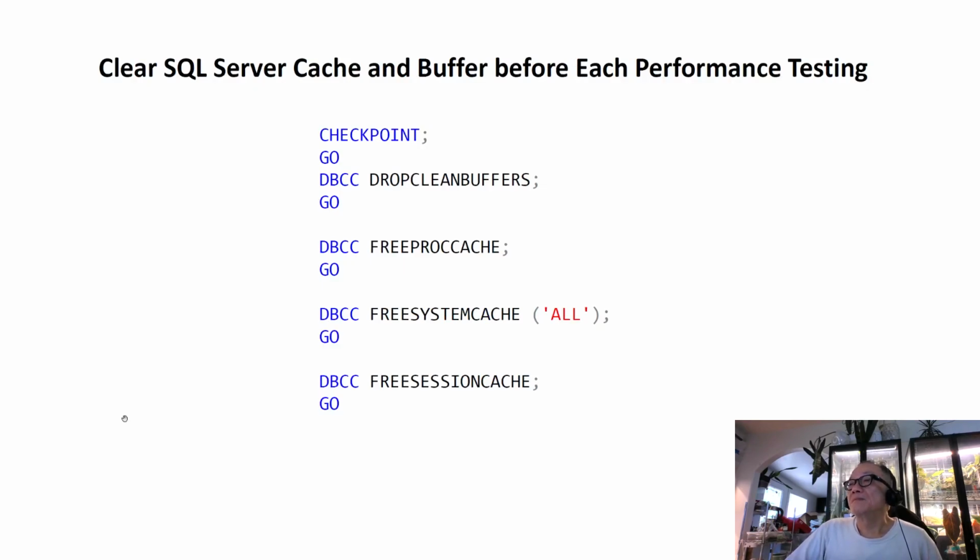To do performance tuning for a slow-running query, we need to use some tools. First, before we run any performance tuning or before we run any test, we want to clear the database server memory buffer and the cache so that we can get accurate statistics.